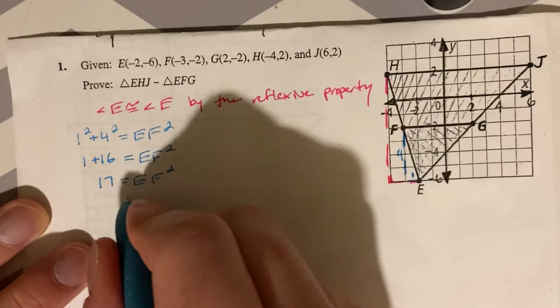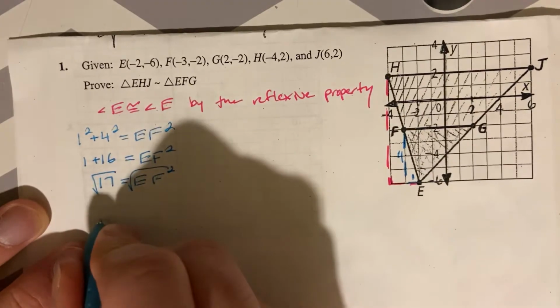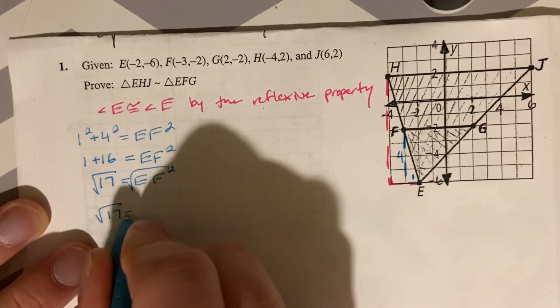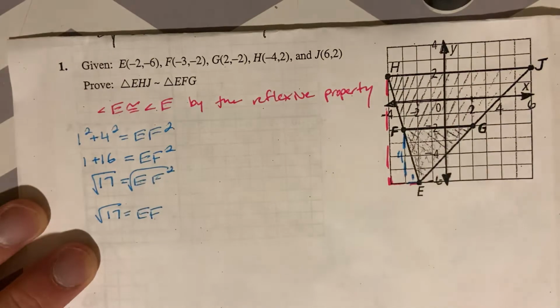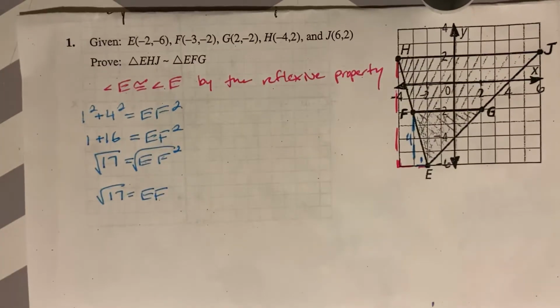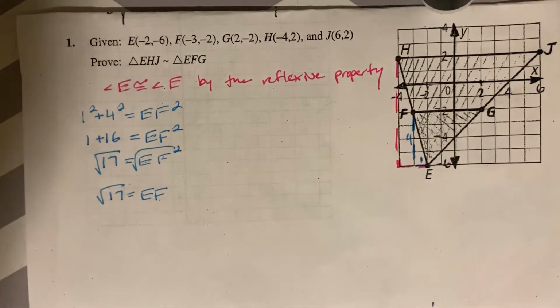So you're going to take the square root of both sides. So the square root of 17 is equal to EF. And I'm going to leave it as square root of 17. I'm not going to change it.